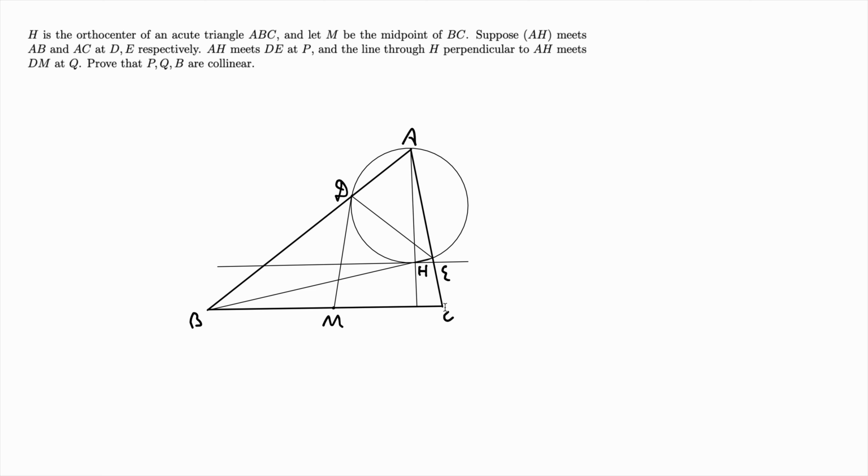So this point right here is P, Q. Prove that these 3 points are collinear.